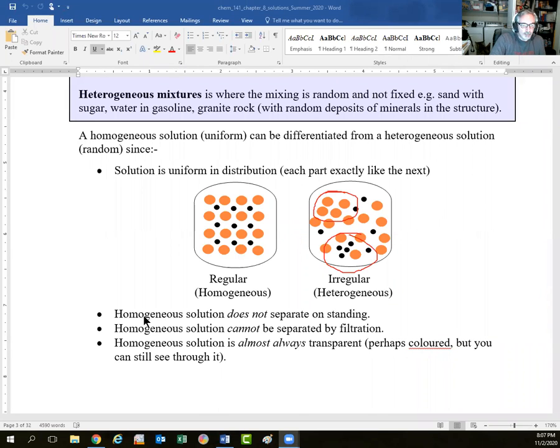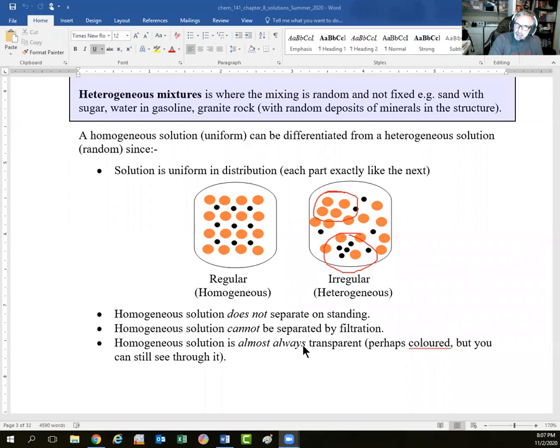However, it is pretty easy to recognize these irregular or heterogeneous solutions. If the solution is homogeneous, then the solution won't separate on standing. A heterogeneous solution would settle on standing. If the solution is homogeneous, then you can't use filtration to separate out some of the components. You can use filtration with a heterogeneous solution. And finally, a homogeneous solution should always be transparent.